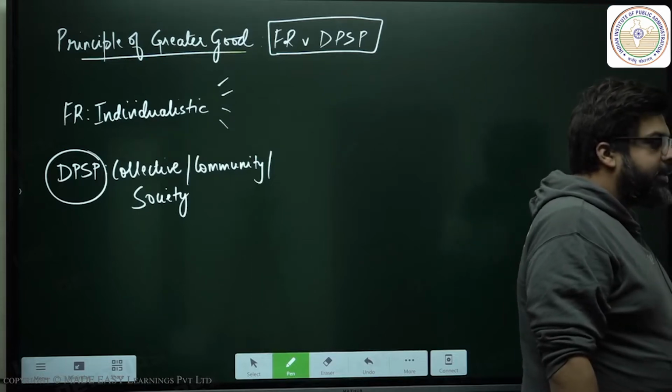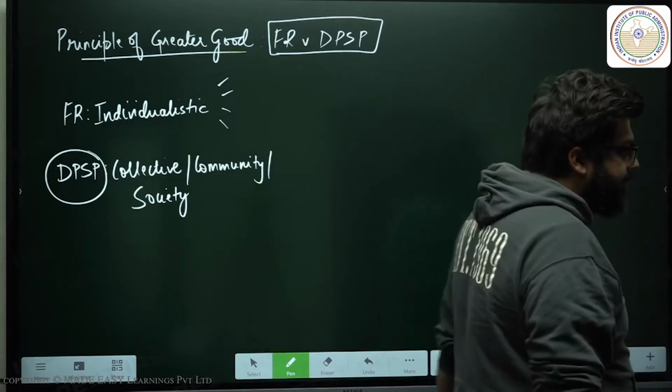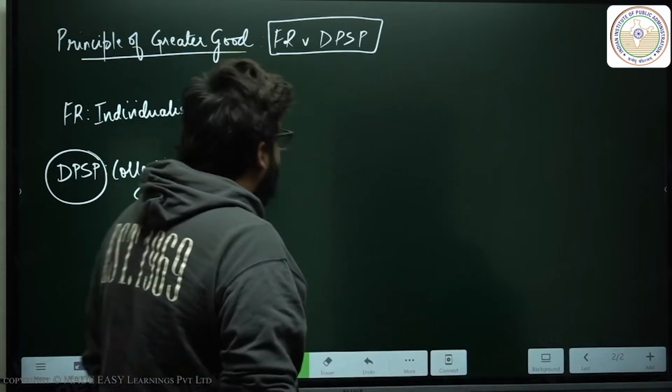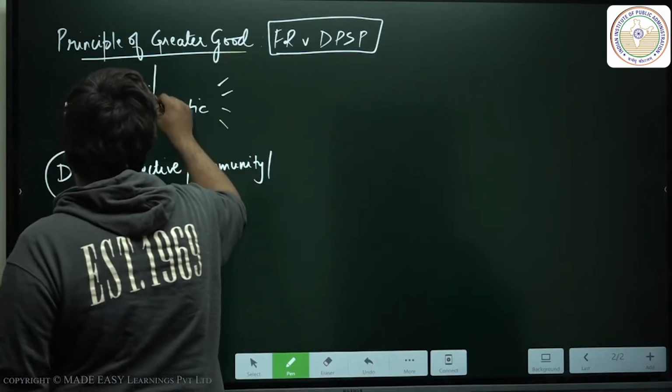Are we clear on this? Do we understand this? Is this simple enough? Do we understand how the conflict arises?